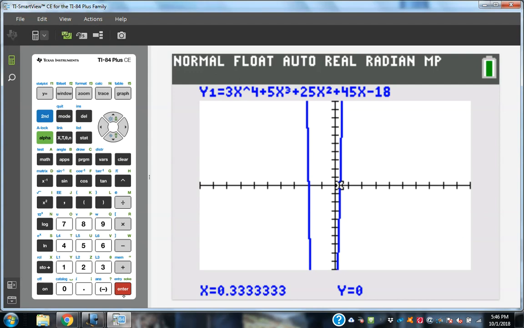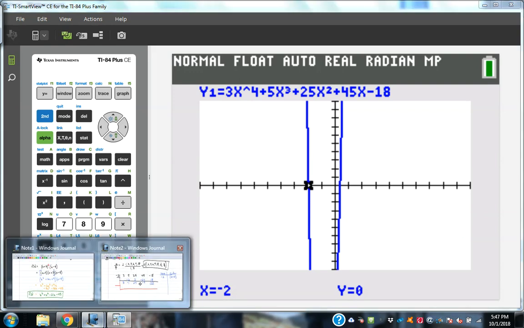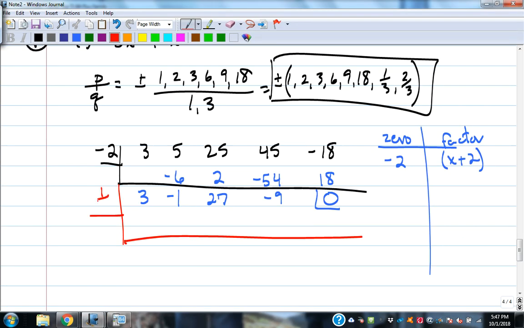Same thing with the -2. If I hit trace and type in -2 and hit enter, I get a y that's 0. So that's how I know that number works in synthetic. Maybe you want to do that before you actually do the synthetic to make sure that number is right. Okay. So from there, I've got a 1/3 that I'm putting up there.